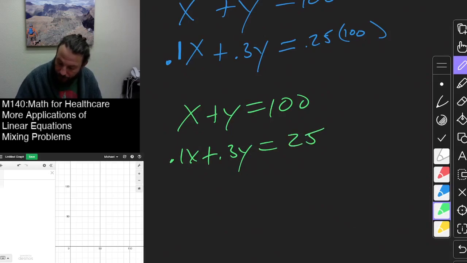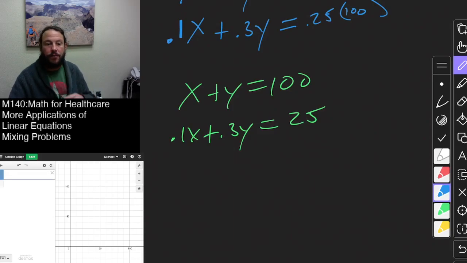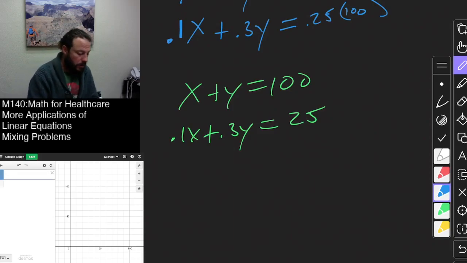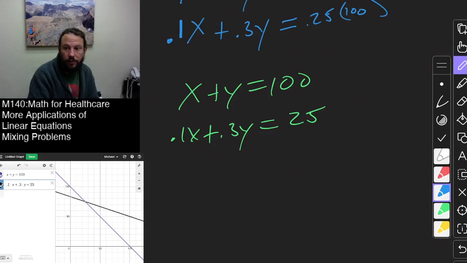Now, how do we solve? By the way, before we go to that, always go to Desmos, graph it, and see what they look like. X plus Y equals 100, and 0.1 times X plus 0.3 times Y equals 25.